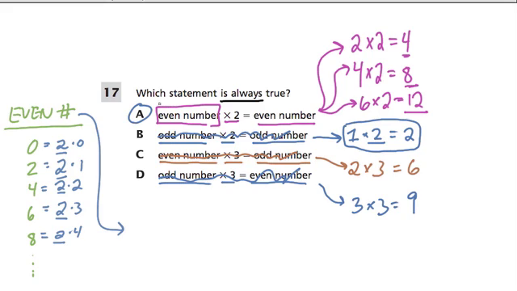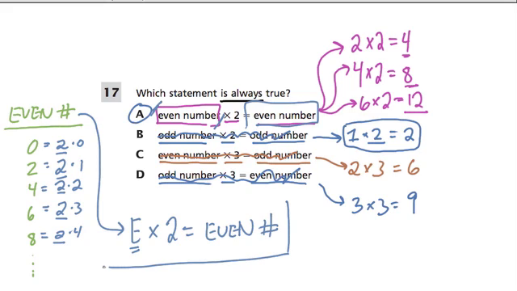So if you take a number, like an even number or an odd number, and you multiply it by 2, so an even times 2, you're creating a new number that is a multiple of 2. In other words, an even number. Because whatever number I start with, once I multiply it by 2, the number I create has to be something times 2. That's what the definition of a multiple of 2 is. So of course we're going to get an even number.